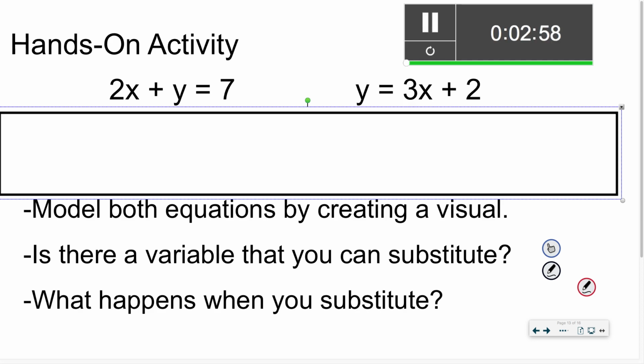I'm actually going to leave the recording on because the follow-up to this, I want to show that if any of you go back to watch it, you can see the visual. Okay, so right now, work together on figuring out what could you substitute.